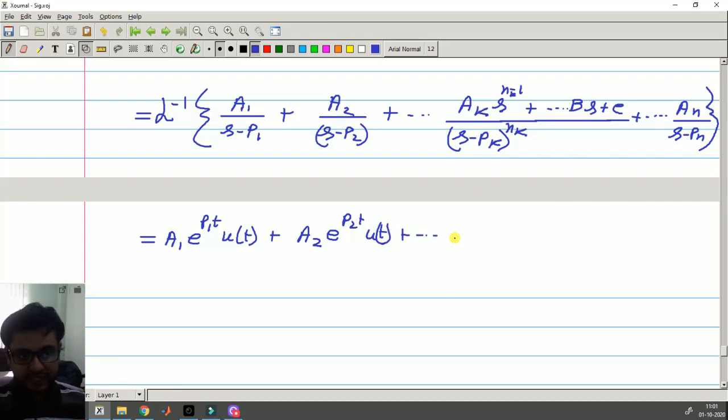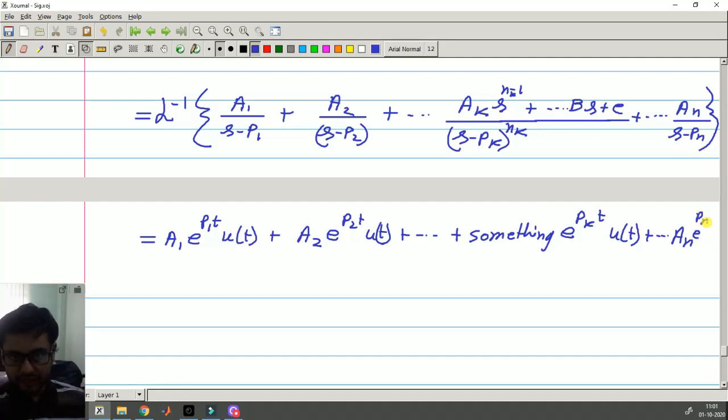Here you will get some signal multiplied with e to the power pk t u(t), and then e to the power pn t u(t).